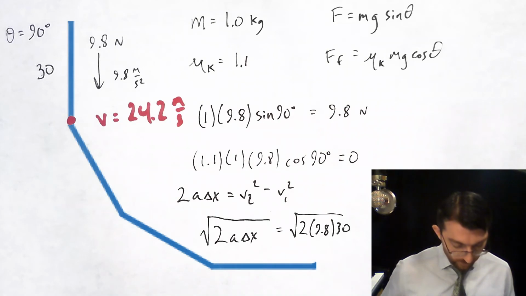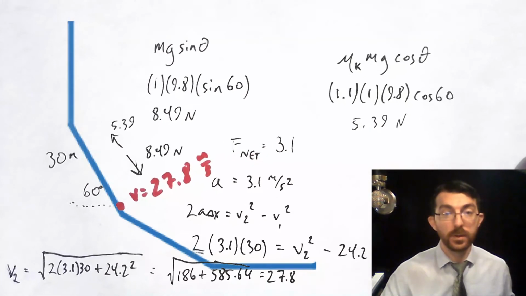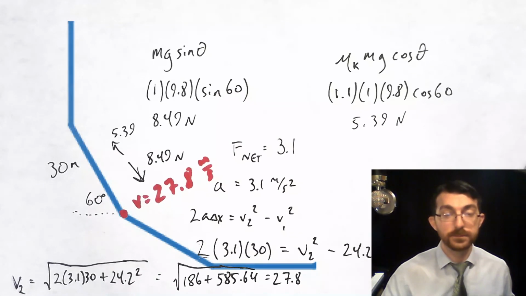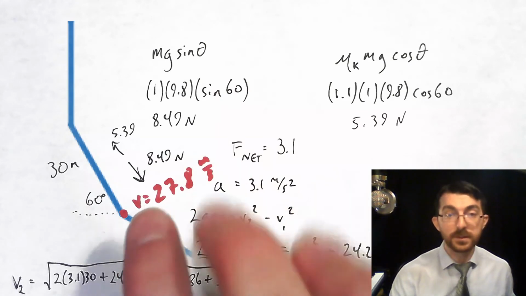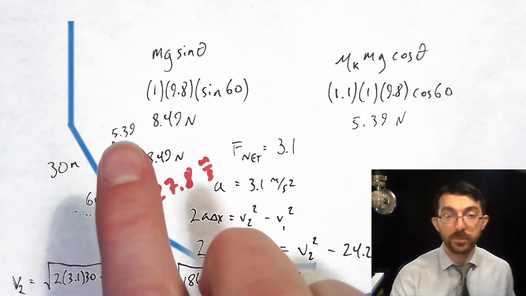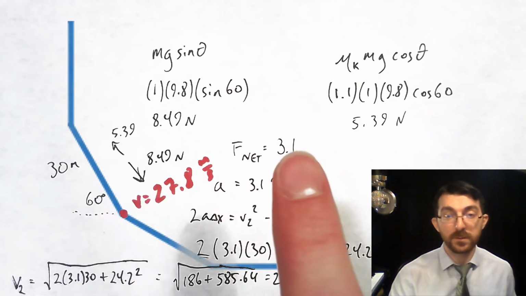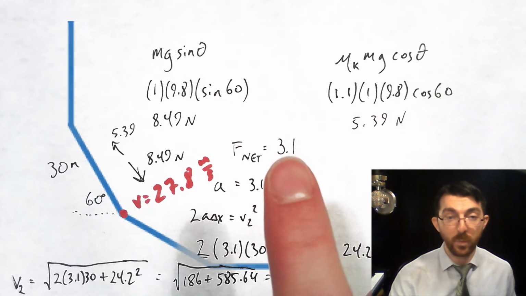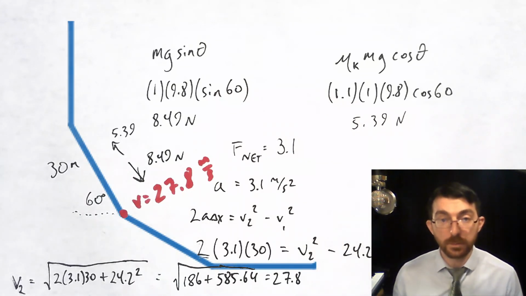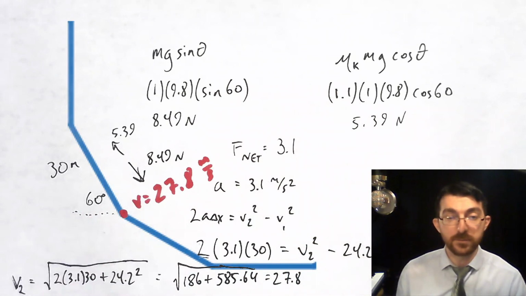After 24.2 meters per second, it managed to get up to 27.8 because there were 8.49 newtons pulling it down, but only 5.39 newtons keeping it back up, giving us a net force and therefore a net acceleration of 3.1. So speeding up from 24.2 at an acceleration of 3.1 only got us up to 27.8.